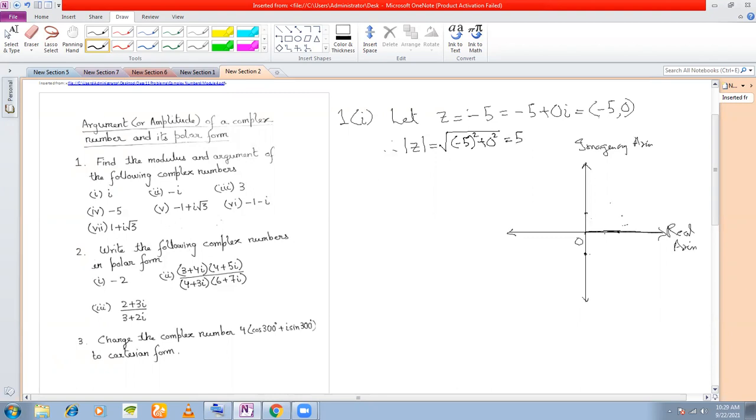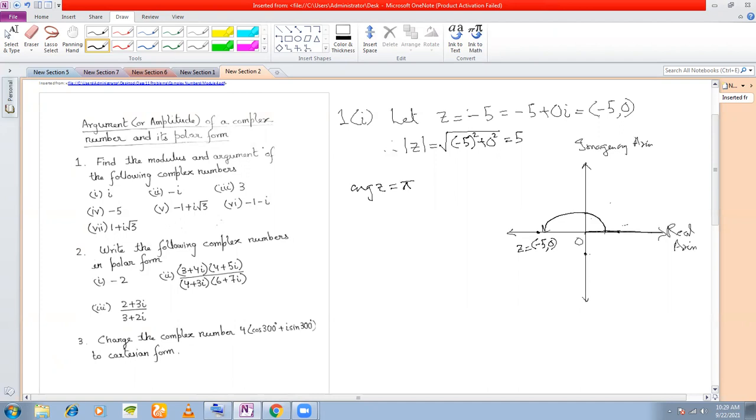Now in order to find the argument, we locate the point (-5, 0). It will be here, right? z is equal to (-5, 0). What angle does it make? It makes an angle pi. Therefore arg z is equal to pi.